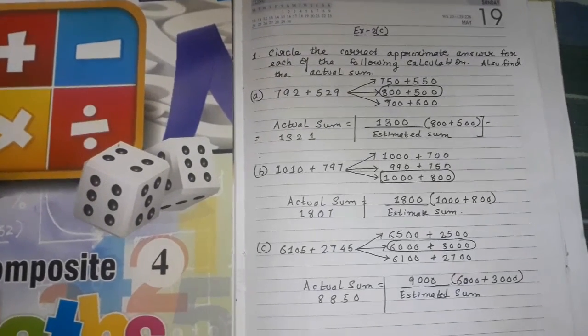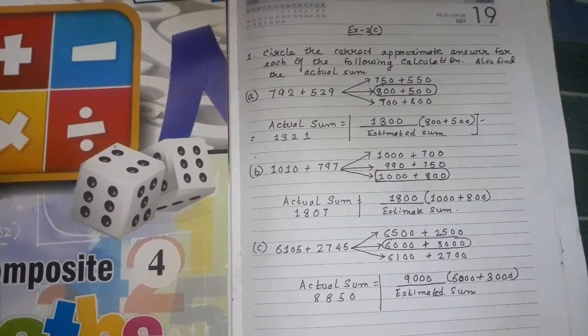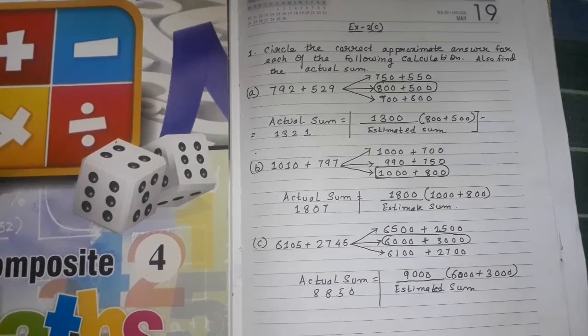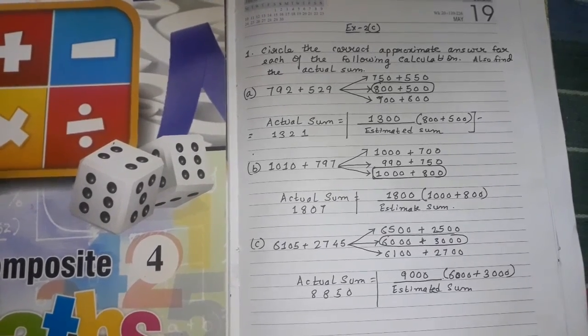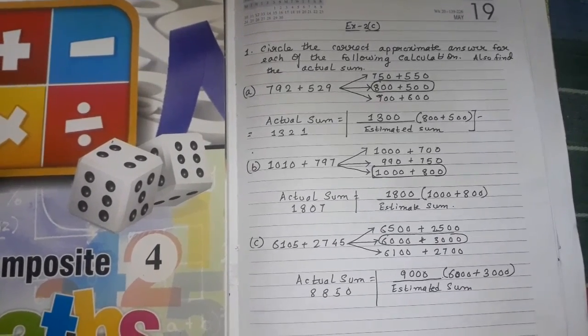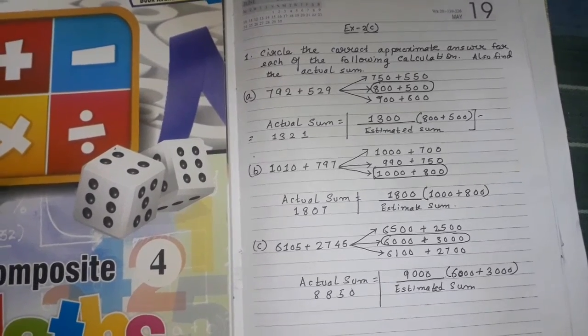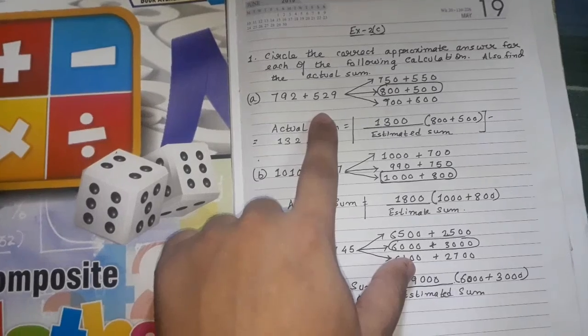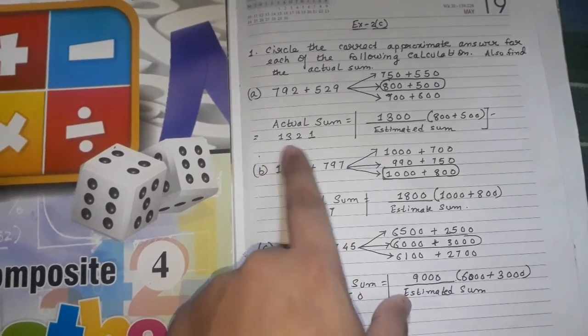Now here the number is 792 plus 529. So let us add it. The actual sum will be 1321.